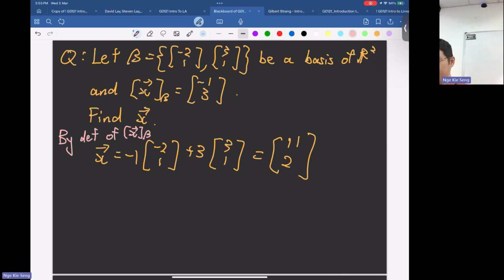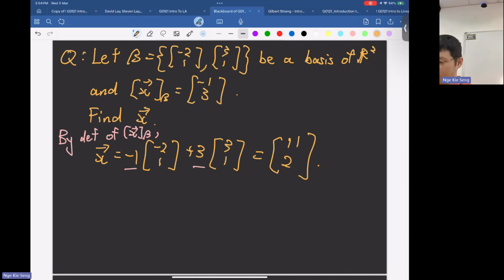The coordinate basis is exactly reading out the scalar that you multiply to your basis from this linear combination. It tells you how you use the basis to write your x as a linear combination. But your classmate is very innovative.